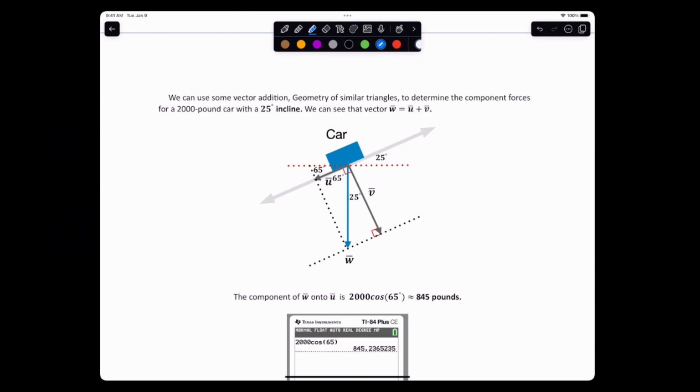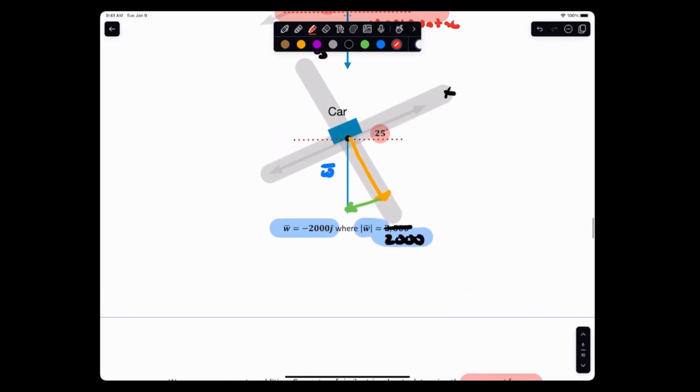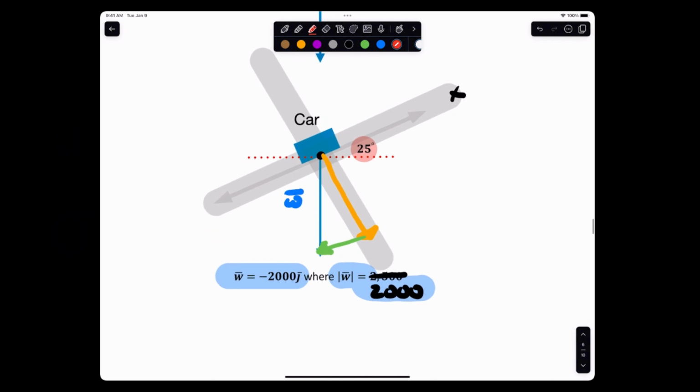We can use some vector addition and some similar triangle information to determine component forces. What are the component forces for the 2,000-pound car with a 25-degree incline? So this is what I'm sharing with you guys. You got this picture here that there's these other force vectors acting on that, and it's just a vector sum.